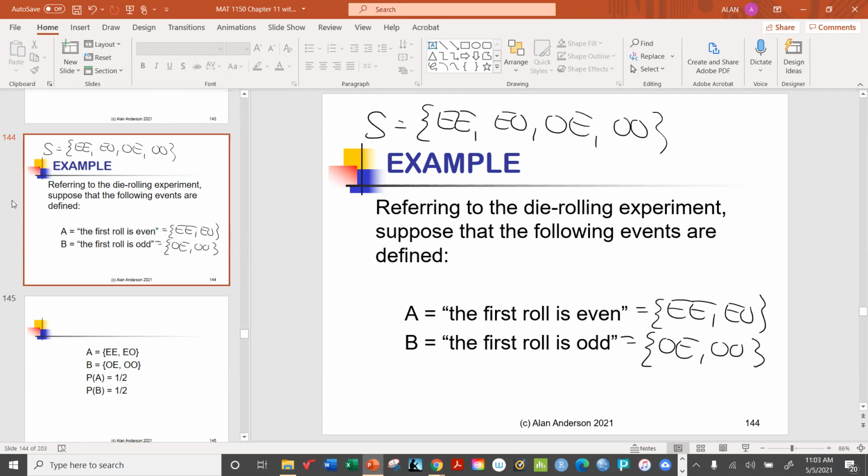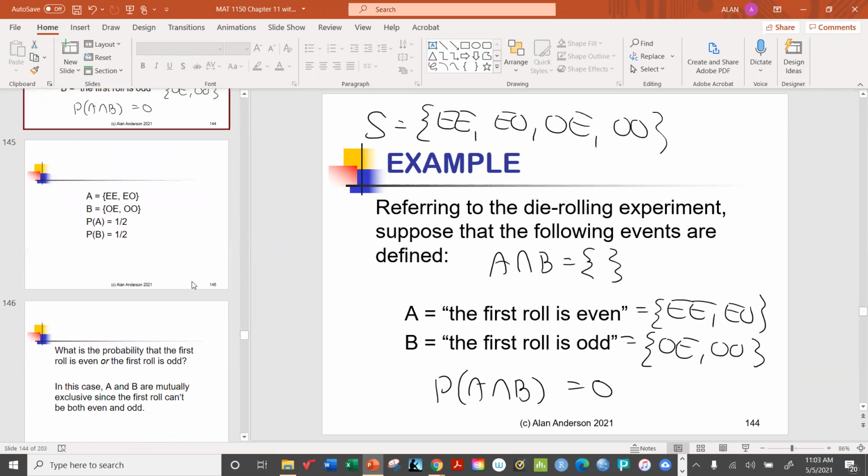You can see they have no elements in common, which means it's not possible for both of these things to be true at the same time. So if that's the case, what if I'm looking for the probability of A union B?